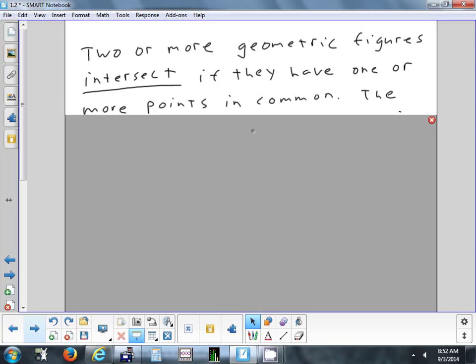Think of maybe a line with another shape. If you drew a triangle with a line, that would cross more than once. If you drew a circle and put a line, that could cross more than once, depends on where you put the line.